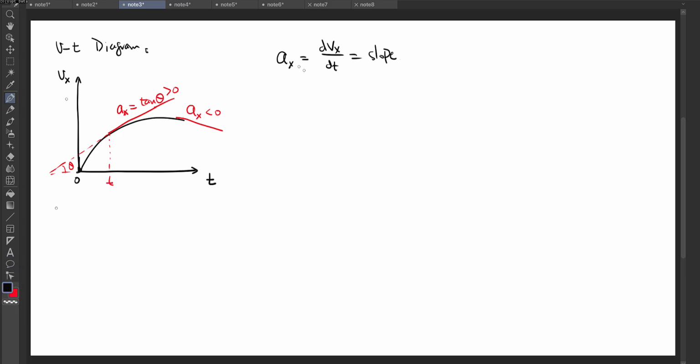All right, so that's the VT diagram. The ax here is again the slope of the VT diagram. Now, how about the XT diagram? When we talk about the XT diagram, we said that the slope gives us the velocity.